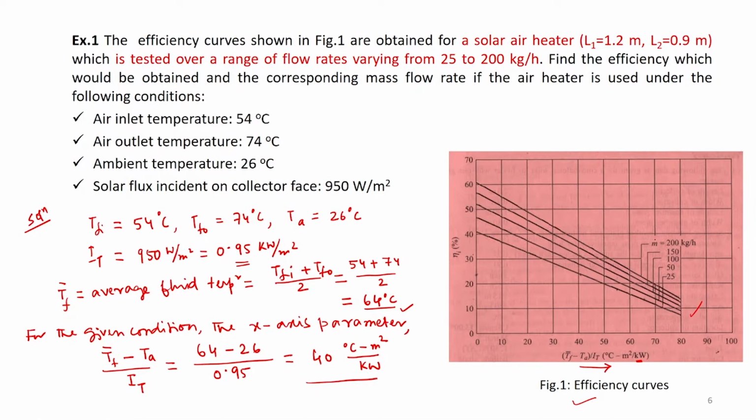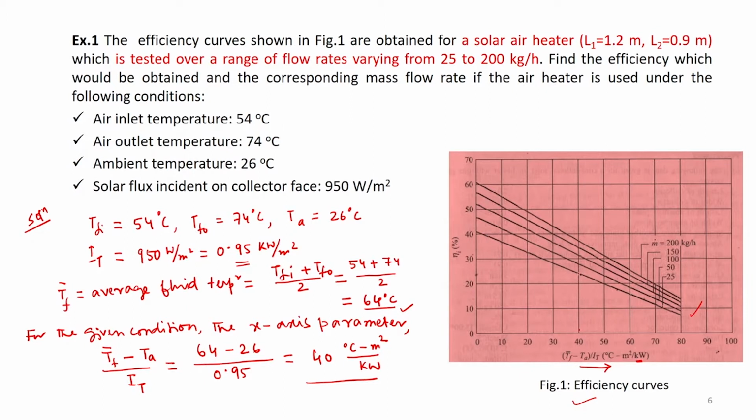Now, what we need to do is a trial and error procedure in order to find out the required values of instantaneous efficiency and mass flow rate. If we see this 40 here, this parameter is calculated to be 40 in our case, and if we consider the mass flow rate, maybe 25 initially, then we have to find the cross section point here.